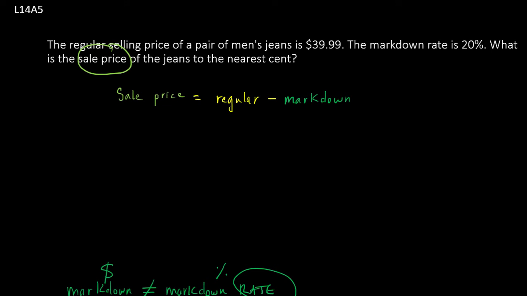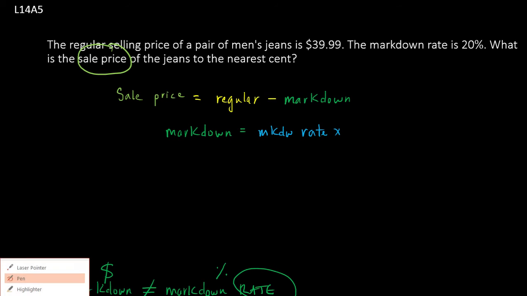So these are not equal, they are not interchangeable, so we need to keep them straight. In fact, part of the definition of markdown uses markdown rate. So our markdown is going to be equal to our markdown rate, I'm going to abbreviate markdown rate, multiplied by our regular selling price.